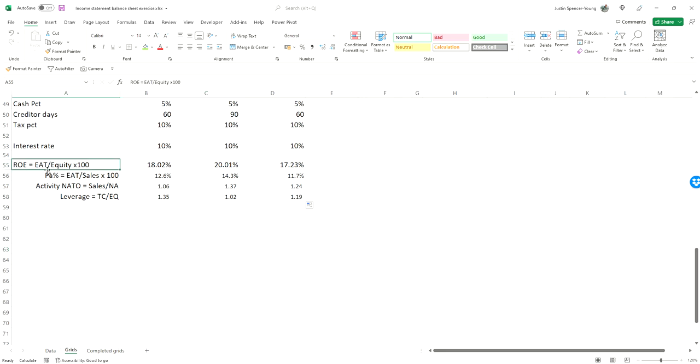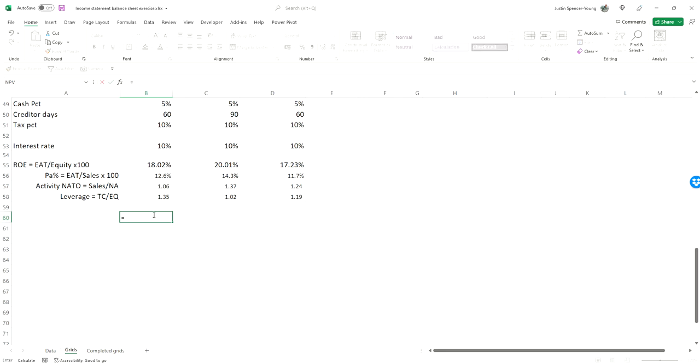We did a calculation where we used this formula, earnings after tax over equity times 100, and it gave us a return on equity number. I said to you, take it on trust that these are the 3 important drivers of return on equity. I'm going to do a calculation here that goes as follows.